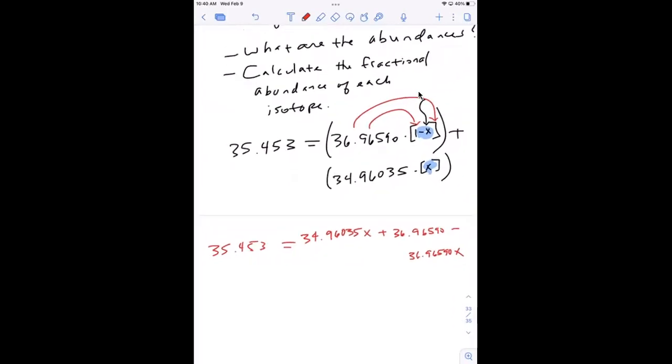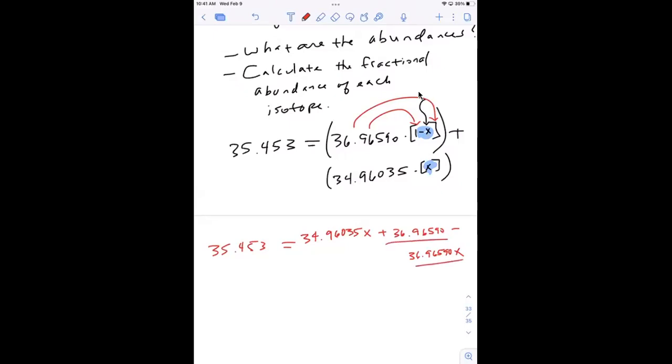Is that right? Yes, it is. When we distributed that top number, it's 36 times 1 and then 36 times x, so that's how we get these two terms.